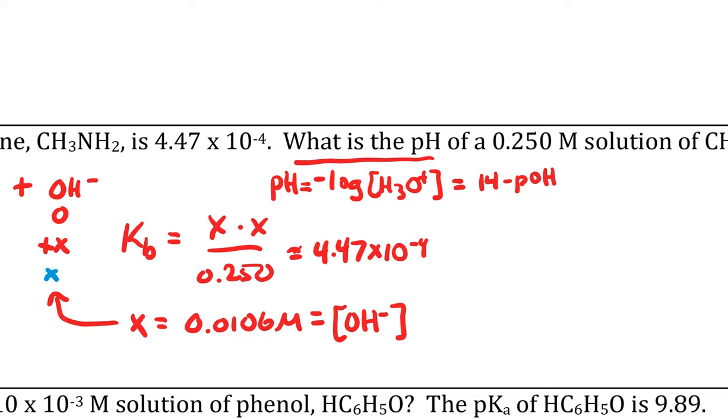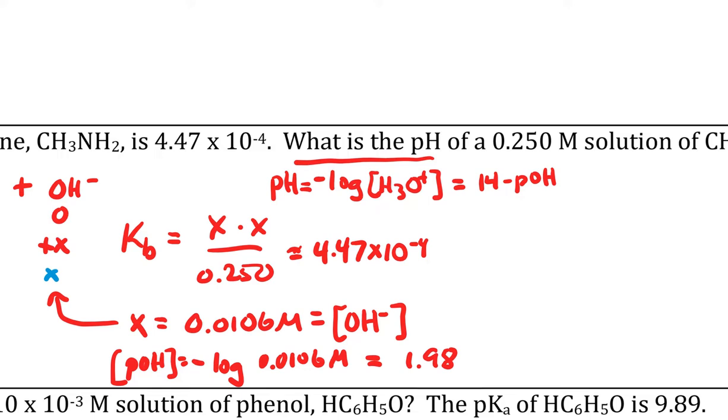I'm going to go ahead and do a negative log of this. Negative log of 0.01 moles per liter. If I do negative log of that, I get my pOH, not my pH. I put pH. And pOH in this case will be 1.98. Now you might look at that and say, whoa, that's a low value. Doesn't that mean this is an acid?